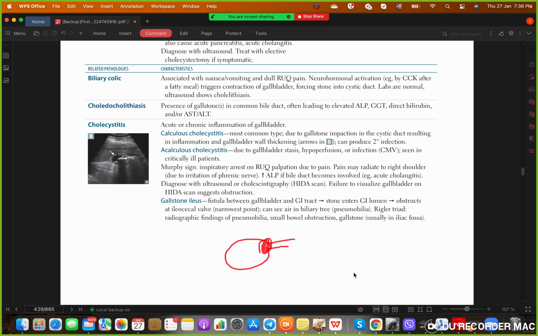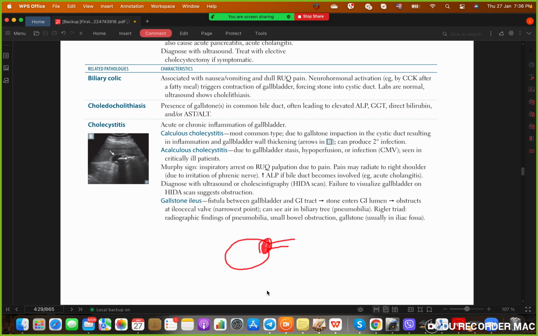The fatty meal made it inside of my duodenum. Which hormone will be released? Absolutely, yes, CCK, cholecystokinin. So when my duodenum senses the increase of fat inside of it, it will start releasing cholecystokinin.